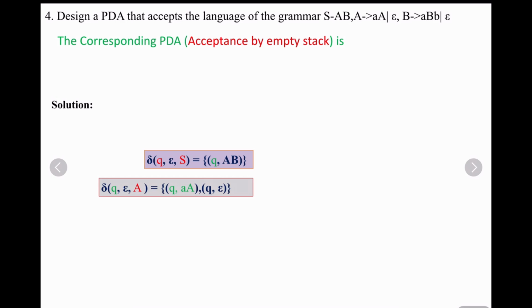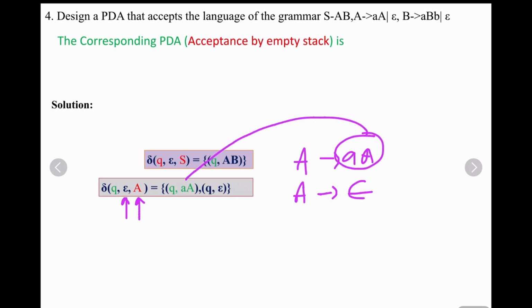There is another production, A gives aA or epsilon. Look at this. Again you are not taking any input, looking at the A production, pushing it onto the stack, and for the other rule, at the same time pushing epsilon to the stack.